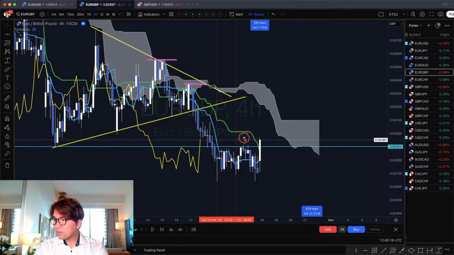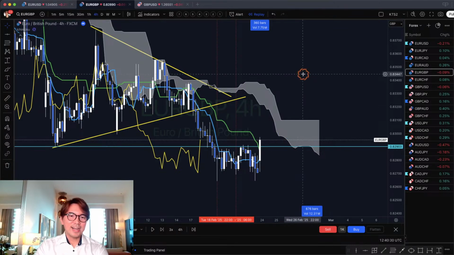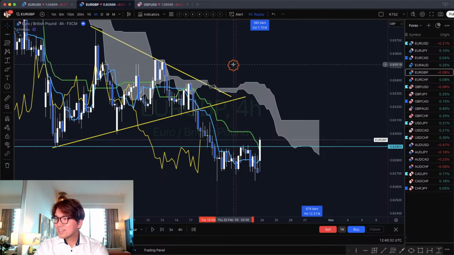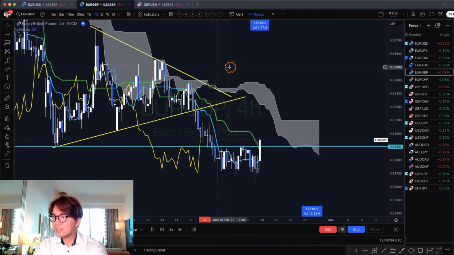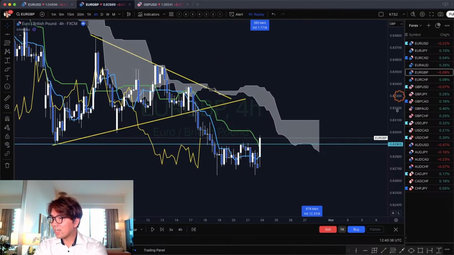But as for Ichimoku, it's now range. So yeah, that's the Ichimoku monitor analysis that I think it's good to cover today.